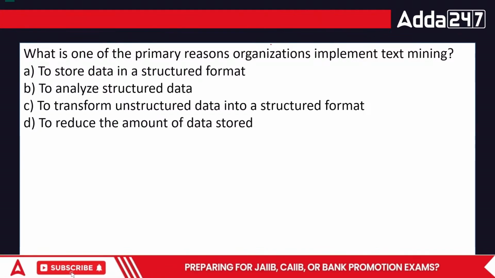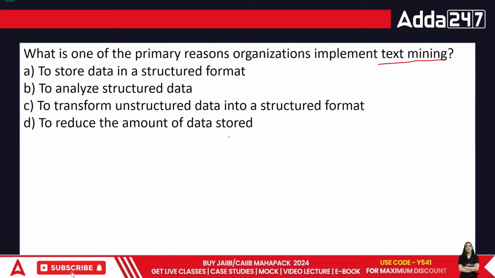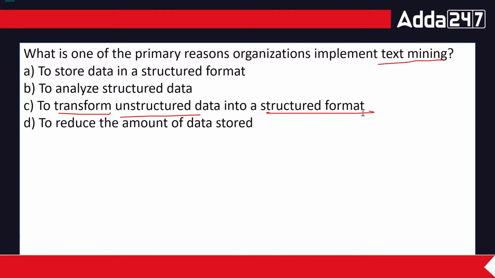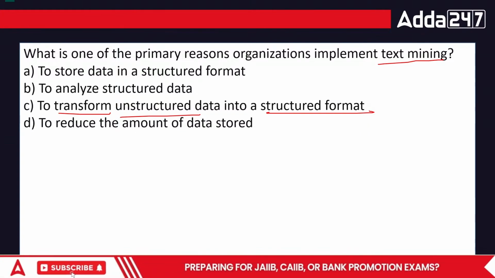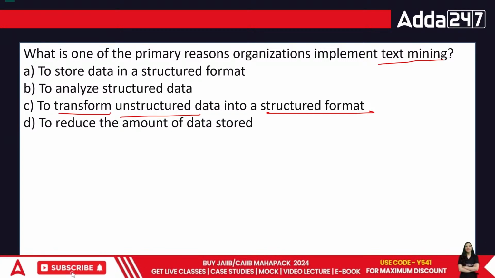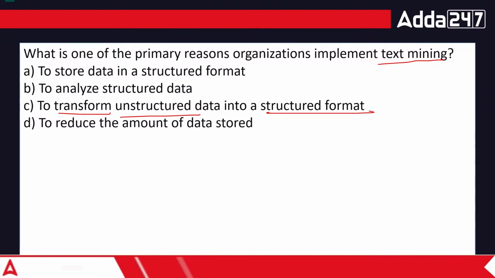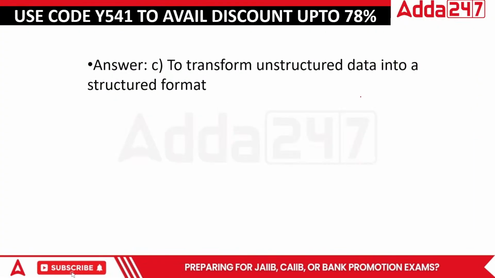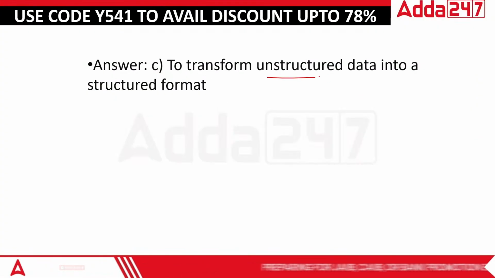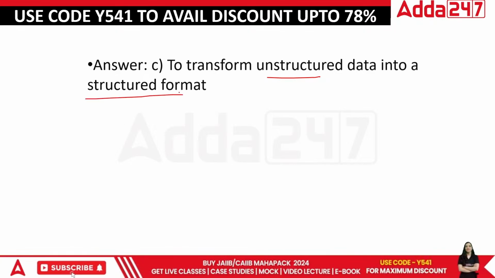Text mining is also doing the same thing, to transform the unstructured data into structured format. When you get the things into the structured format, then you can keep the data in a proper manner, and with clarity as well. So, transform the unstructured data into a structured format.